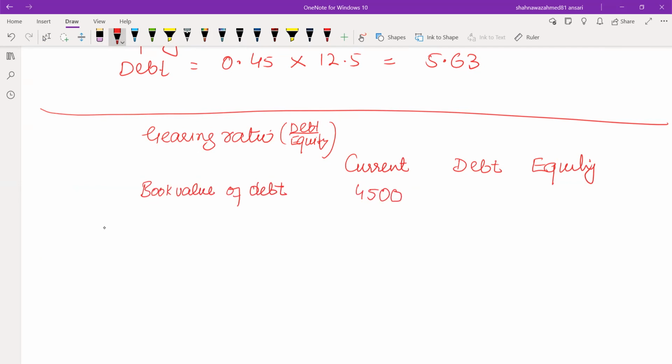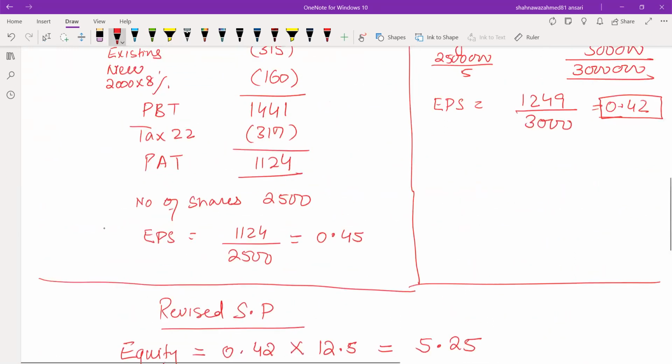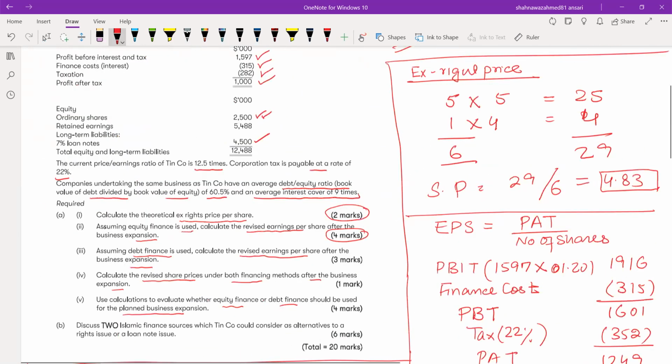And in case of equity financing, it will remain the same. And in case of debt financing, we'll raise 2 million. So that would be 6,500. And book value of equity. So existing book value of equity is 7,988.